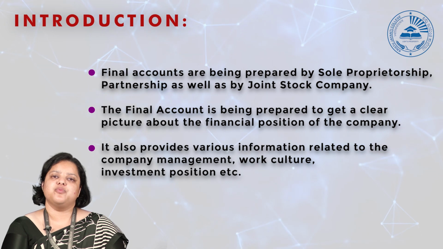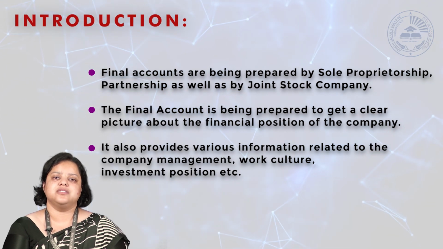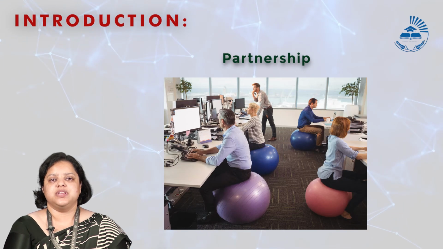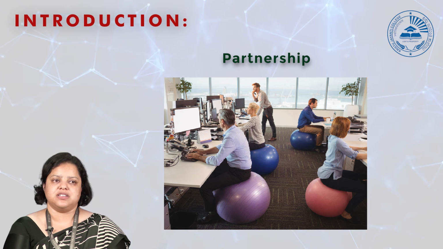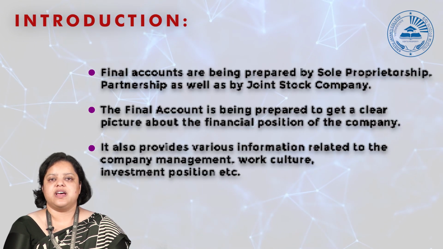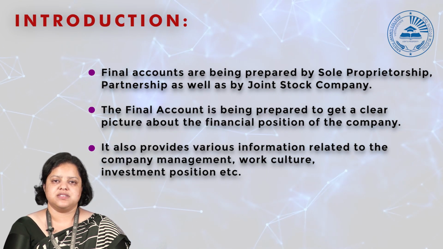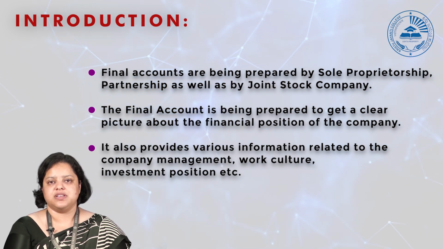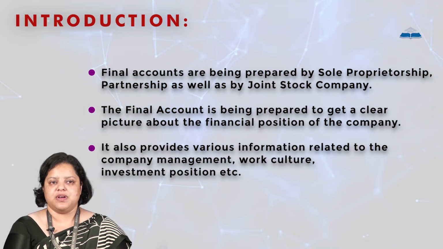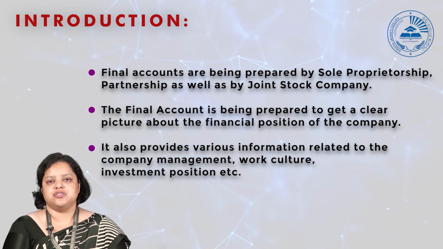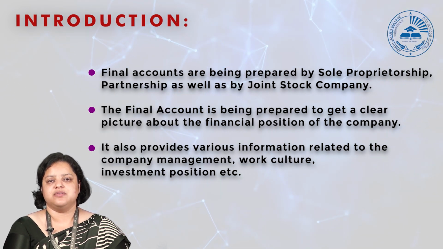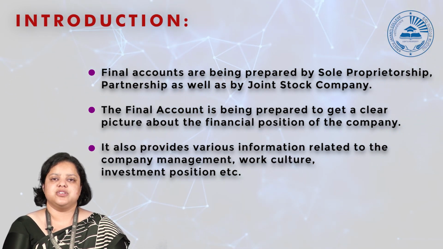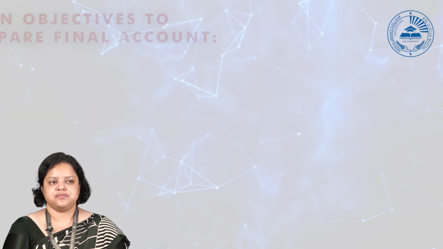Partnership means when two or more friends join together and do the business. And joint stock companies are all limited companies. So final accounts can be prepared by all kinds of companies, but as per the company's law, partnership and joint stock company have to prepare them compulsorily, but it is optional for the sole proprietorship.